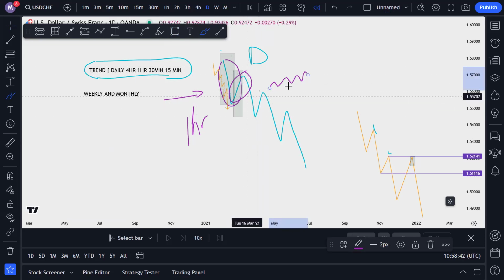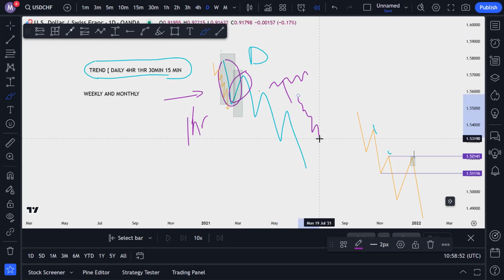On this one leg on 1 hour, you also have something like this on a lower time frame of 15 minutes. That means we have a lot of confusion. So I only trust the trend I find on these time frames.